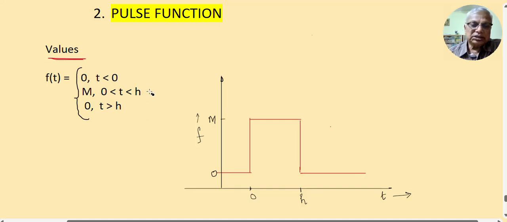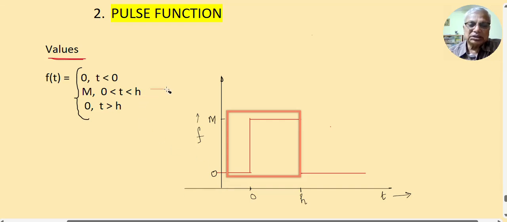Now if you take the first period, that is between 0 and h, this is a simple step function which we have discussed in the last class.